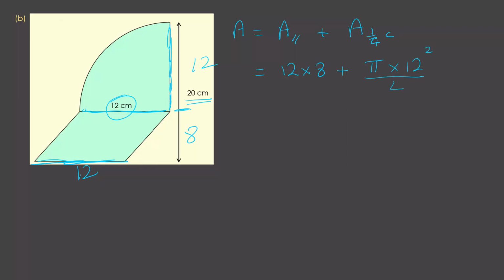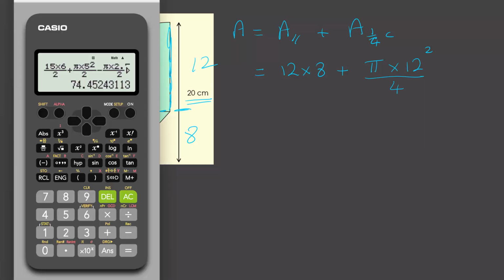We only have a quarter of a circle. And we just need to calculate that. So it's 12 times 8, add pi times 12 squared, divided by 4.